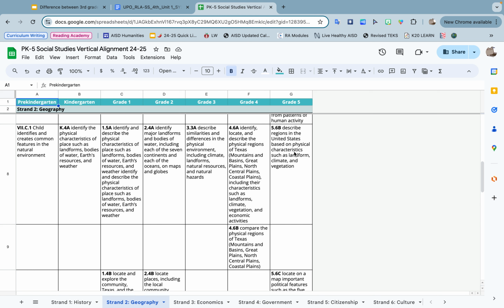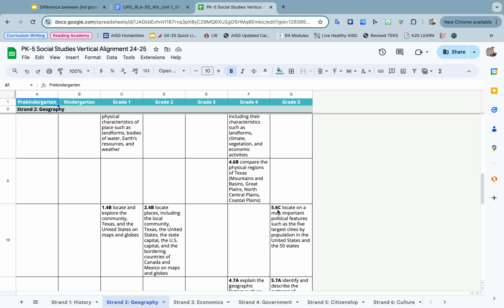And I can see that in 5th grade they'll go into looking at the regions of the United States. And I can see that in 3rd grade, they're starting that comparison. And then technically, they actually go all the way back to pre-K, where they have started identifying the features in the natural environment. So I can see how these TEKS are aligned across.